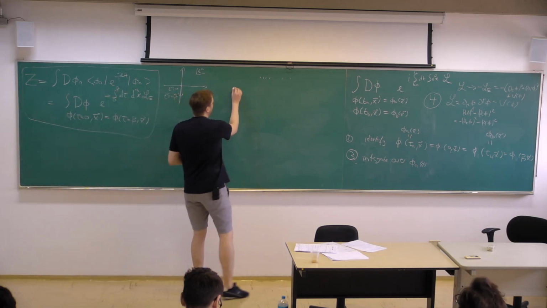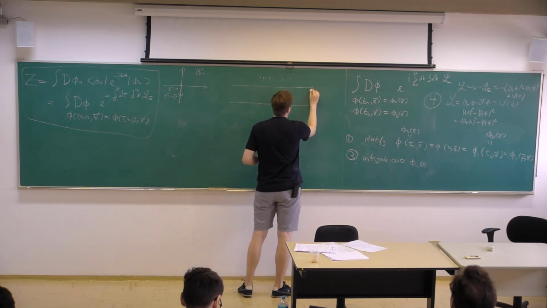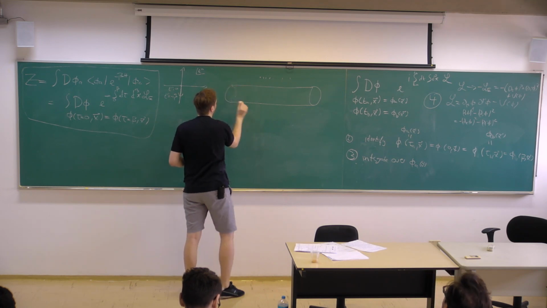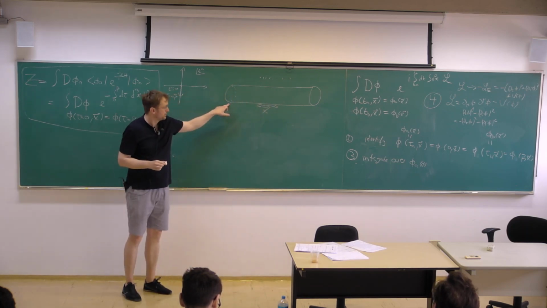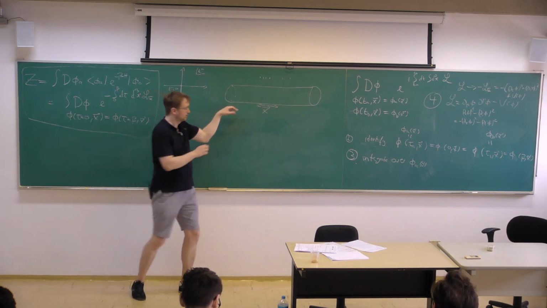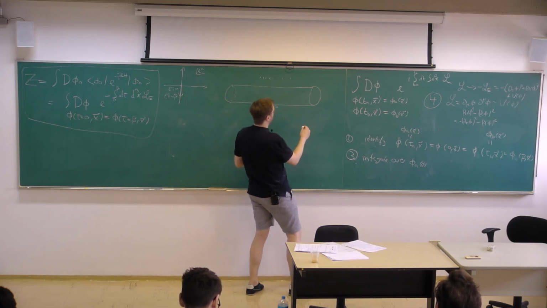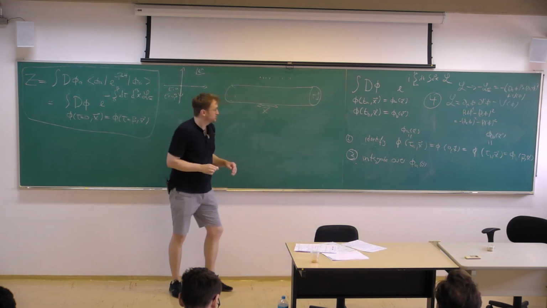So I can now draw it like this. This is the 3D space that goes on till infinity in both directions. Of course I cannot draw this. And then this here is my new imaginary time direction.